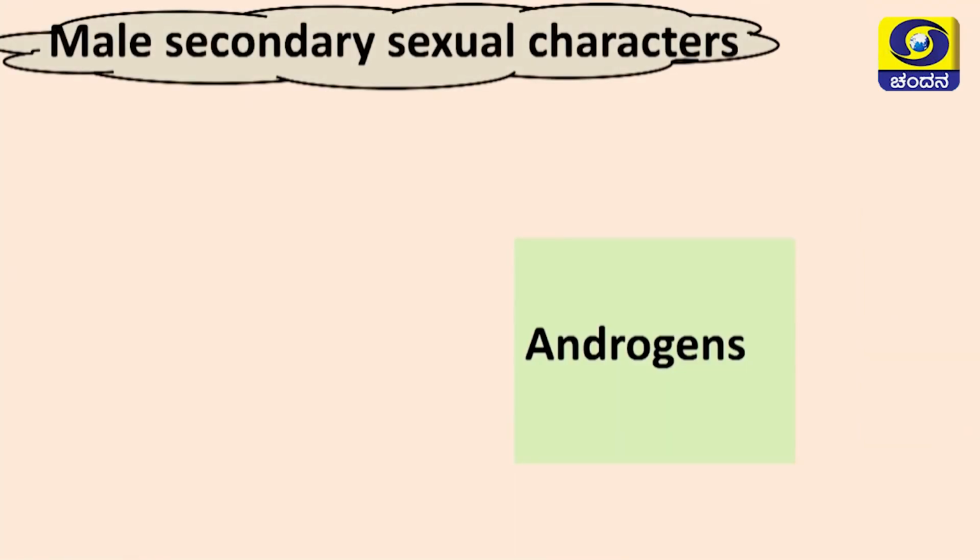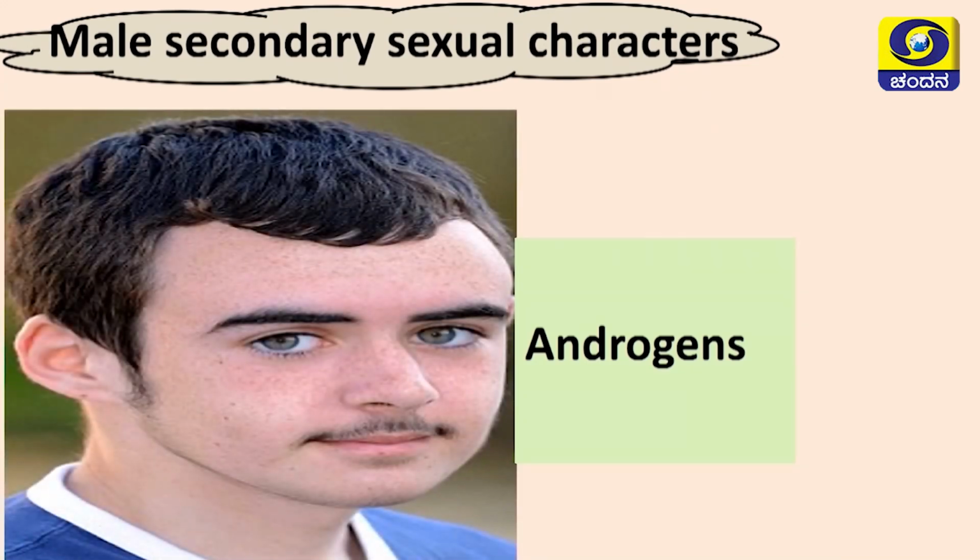So, what are the secondary sexual characters that take place in male? Let us see. You can see the picture here. He is having a moustache which is just coming out. You can see hair slightly coming as a beard. All these are mainly because of androgens.